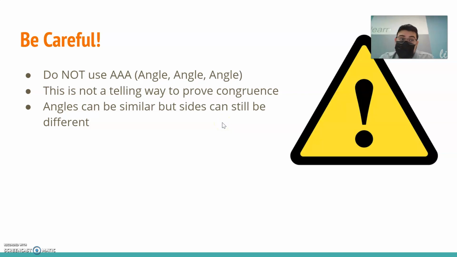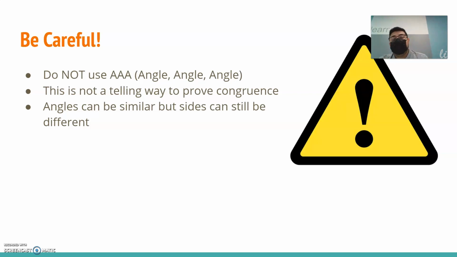Be careful though. Do not use AAA, angle, angle, angle. I know side, side, side is a way to determine congruence, but angle, angle, angle is not a good way to determine congruence because all the angles inside can be different, but on the outside, the sides are going to be all messed up.